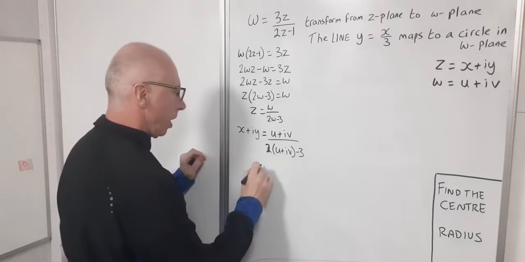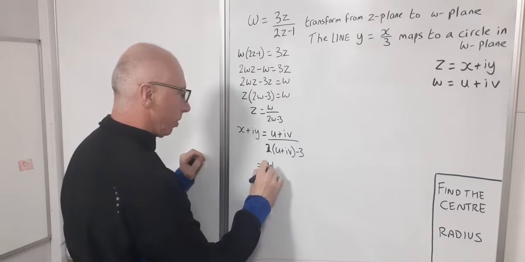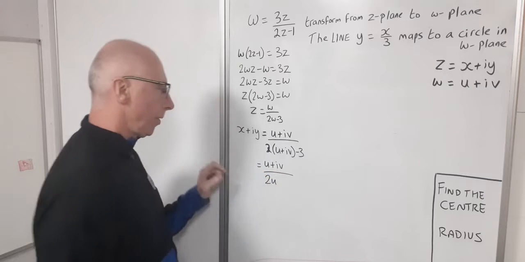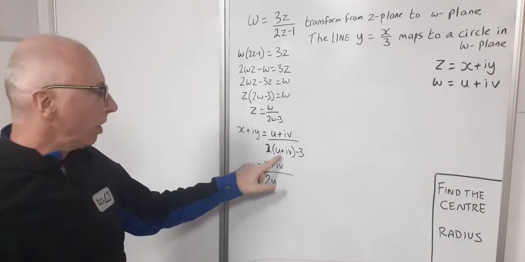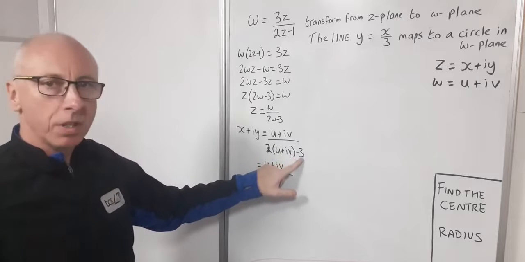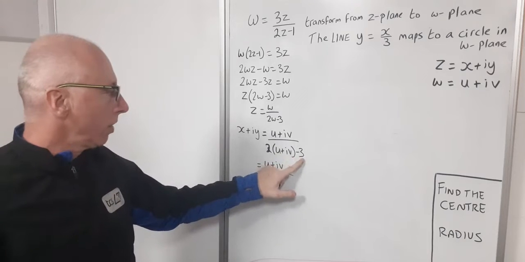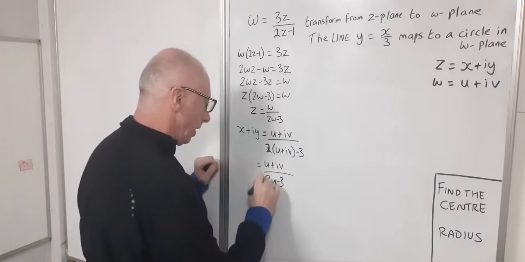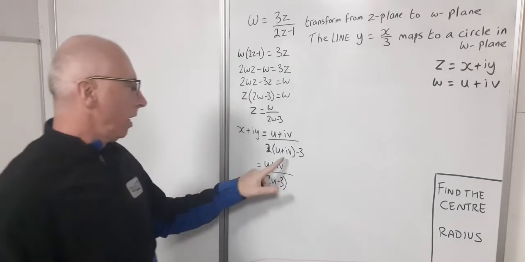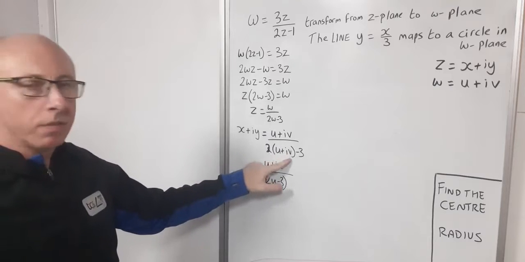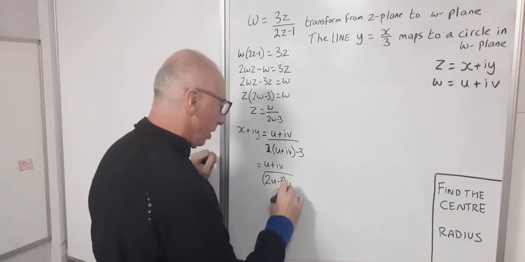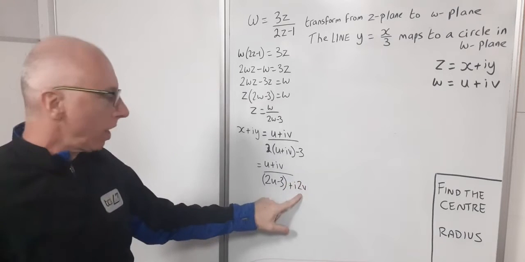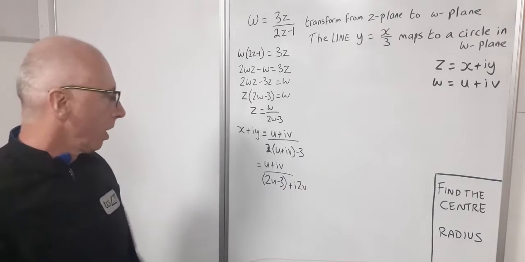So x plus iy then equals u plus iv over 2u, and 3 is obviously a real part as well. So let's bring the 3 in with the 2u and put that in a bracket. And then we've got 2 times iv, so plus i2v. That'll be fine like that, we know it's the complex part.